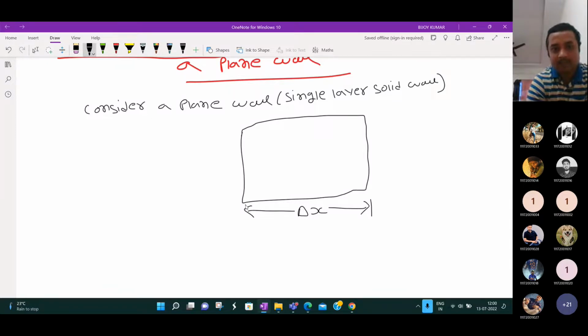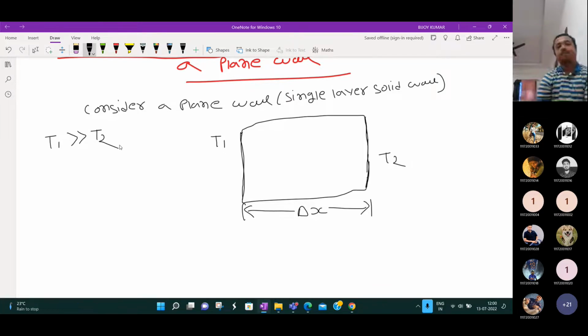Suppose this surface is at temperature T1, and this surface is at temperature T2, and T1 is greater than T2.